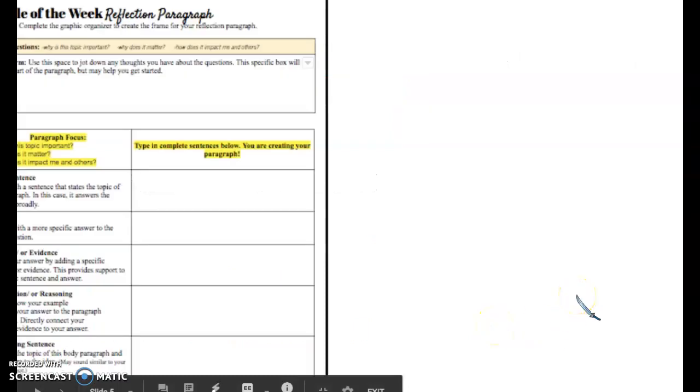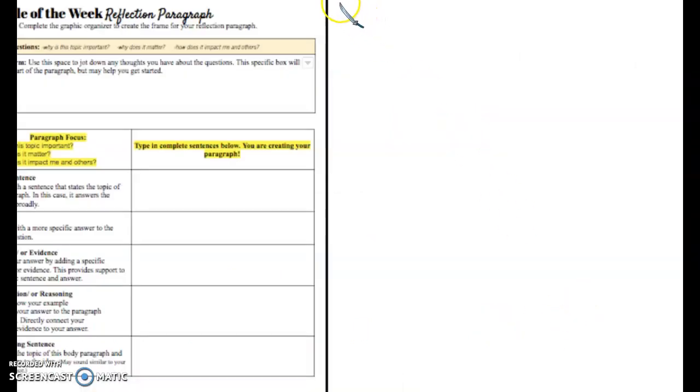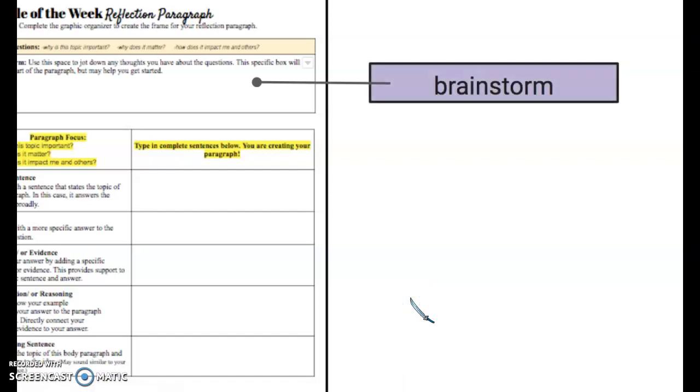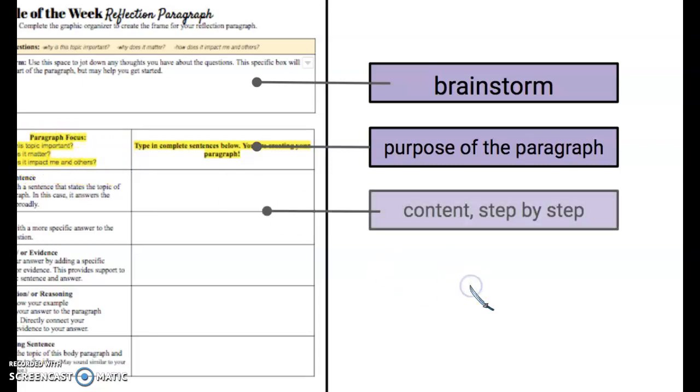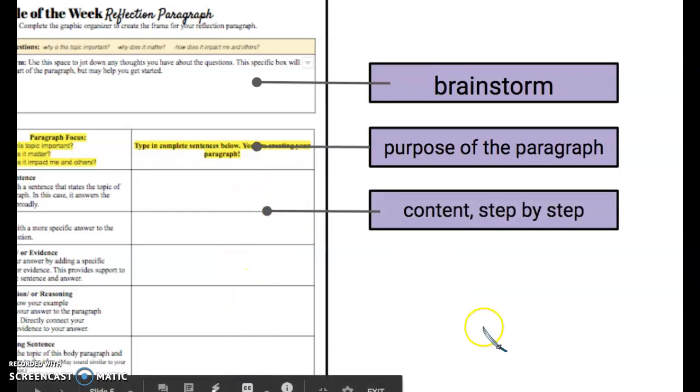If you are not sure how to start, we have set up a graphic organizer to help you every step of the way. The graphic organizer includes a section for you to brainstorm, a reminder of the purpose of this paragraph, the three big questions you can see here, and finally, a step-by-step guide through what exactly should go into the paragraph.